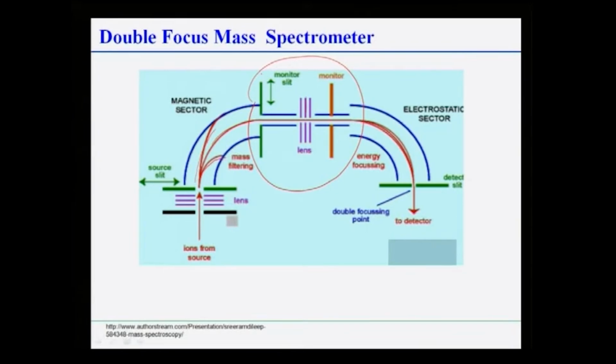That is why it is called double focus, because first you are focusing with the magnetic sector, then you are focusing with the electrostatic sector, and that is how you can detect very precisely each and every charged species. This is again taken from one of the websites available on the internet.